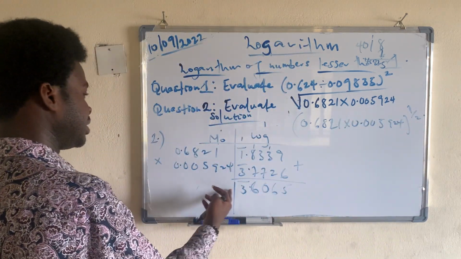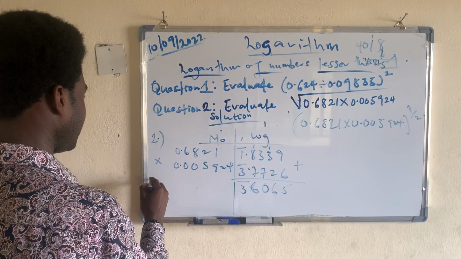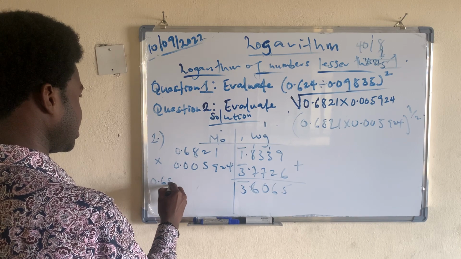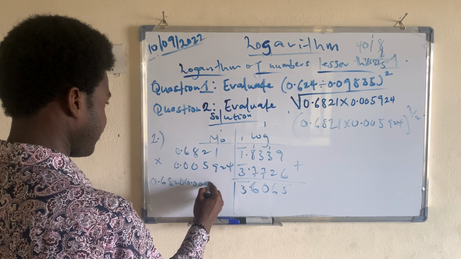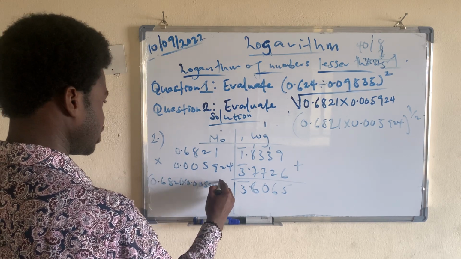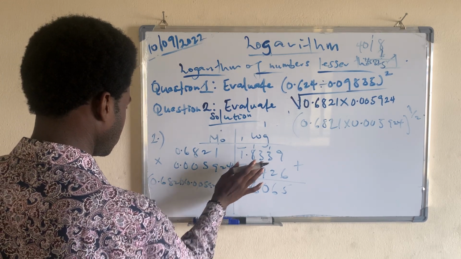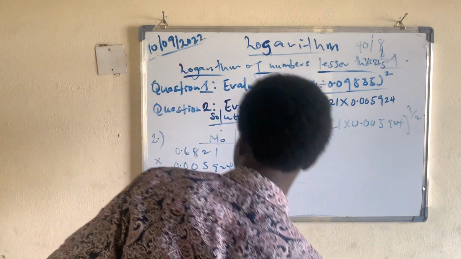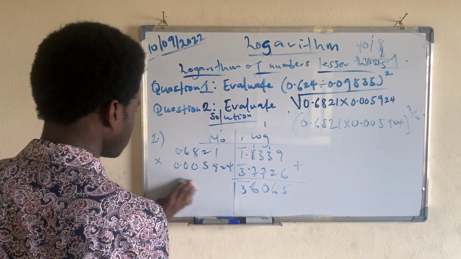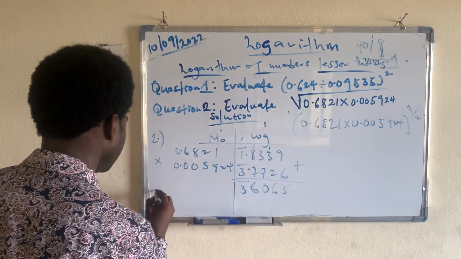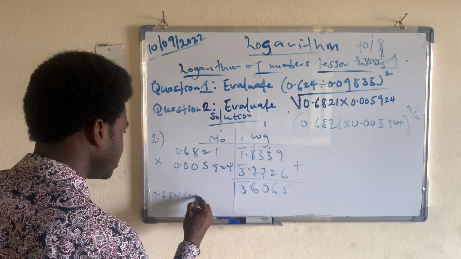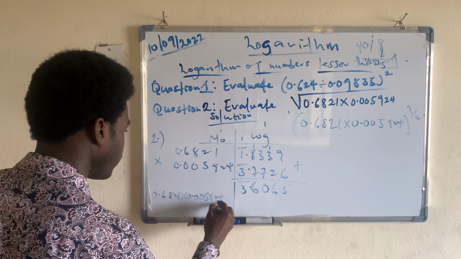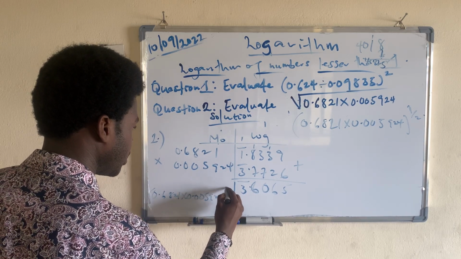So that simply means that 0.6821 by 0.005924 is raised to the power of 1 over 2. And we bring that down.